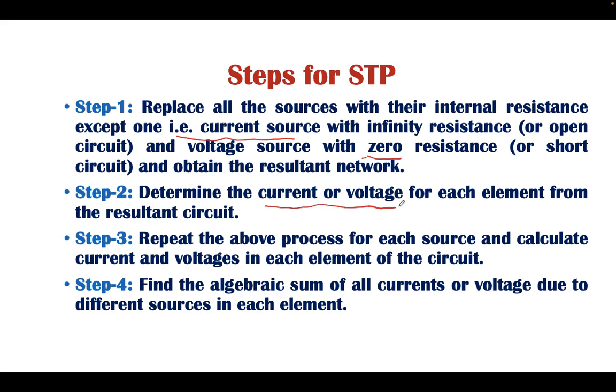Step 3, repeat the process for each source and calculate the current and voltage in each element due to the individual sources. Finally, algebraically sum all the currents and voltages in that branch or element. It gives the resultant value of current in the circuit.